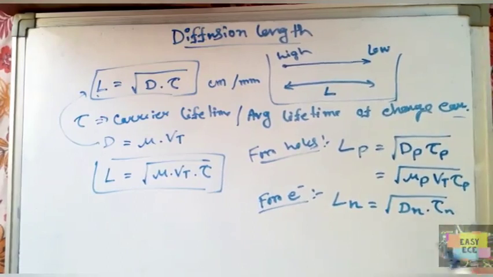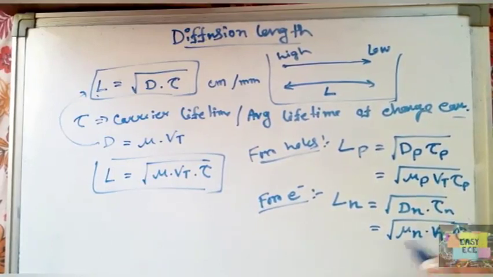Here D N equals mu N, the mobility of electrons, into Vt threshold voltage into tau N, the electron lifetime.